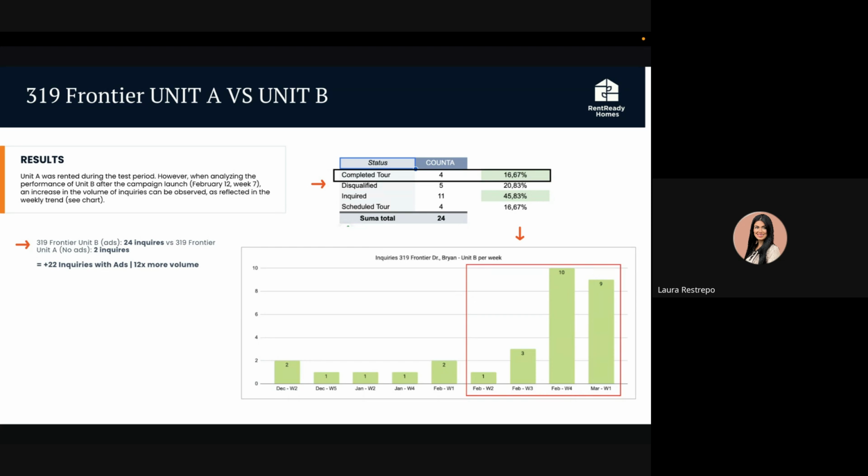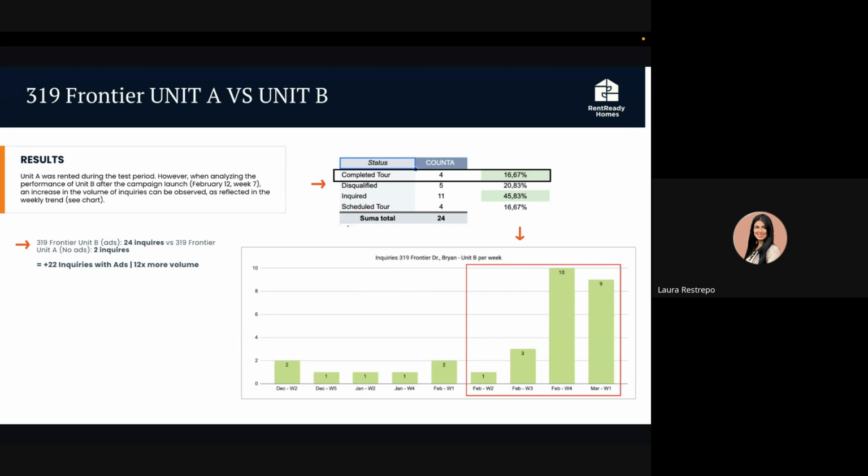So we don't know what happened after the inquiry, but we know that during the funnel, the rest we have disqualified 20% and scheduled a tour 16%. So basically, we want to show that just with this small test, the marketing strategy is having some results in the influence for the campaign, right?